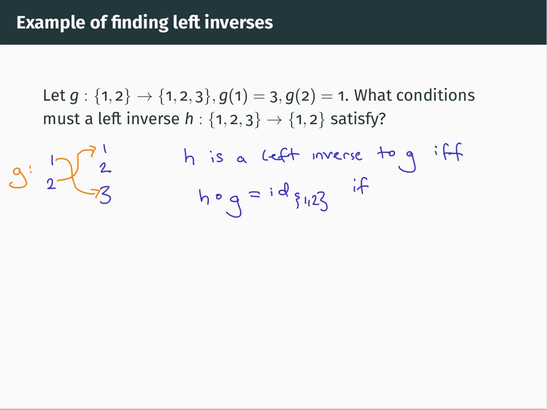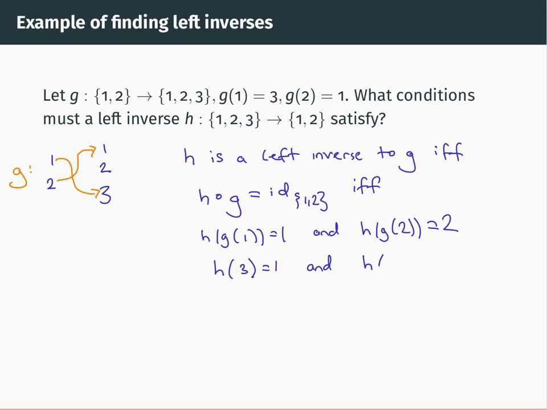And that's true if and only if h of g of 1 equals 1 and h of g of 2 equals 2. Okay, so what can we say? Well, g of 1 is equal to 3, so I need h of 3 equals 1, and g of 2 is equal to 1.